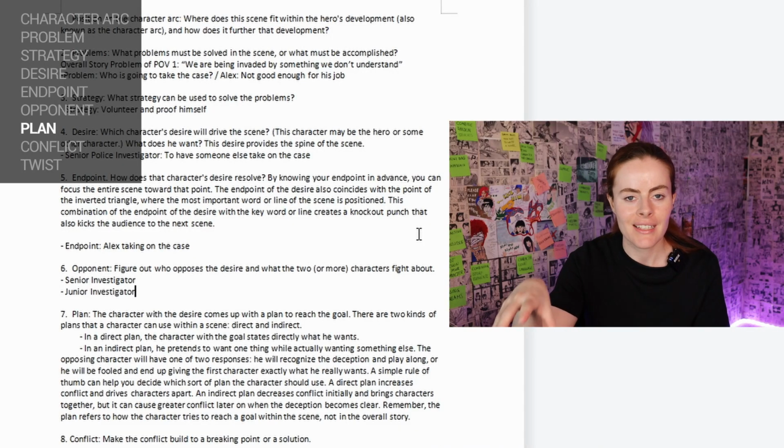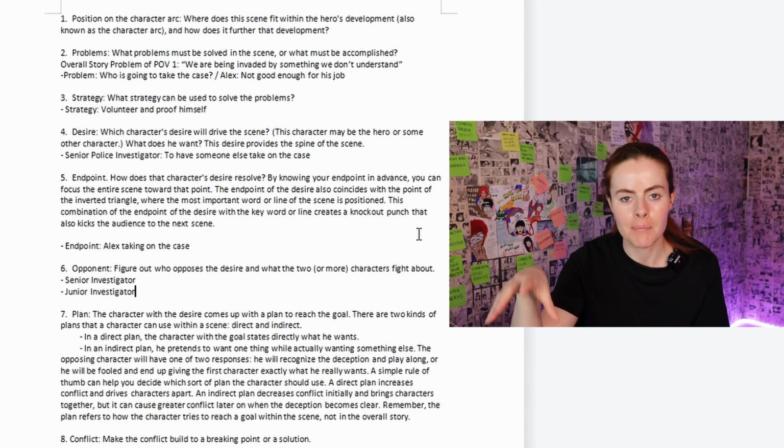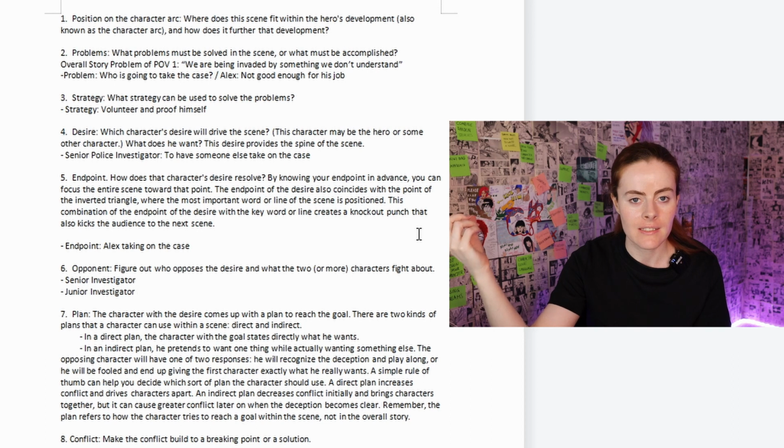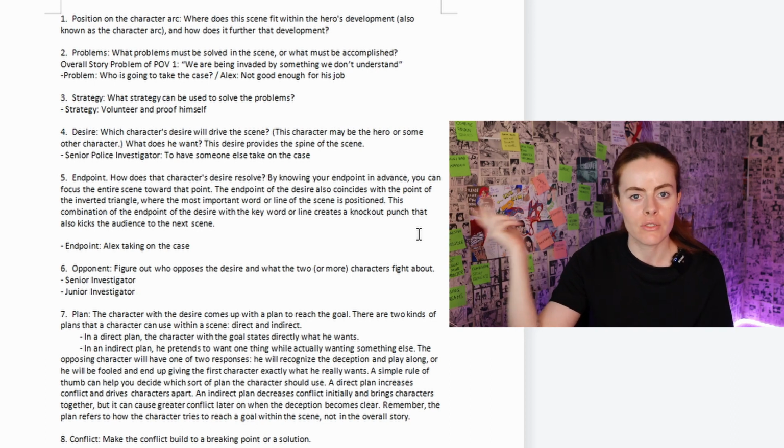Number 7 is the plan, and what exactly happens in the scene based on one of the characters' desire, which we had earlier, and also who's the main opponent, right? So here the desire was this senior investigator whose desire it is to pawn off this case to one of the juniors. So this person is driving the action in the scene, and to do that they have a plan. And here you have two options.